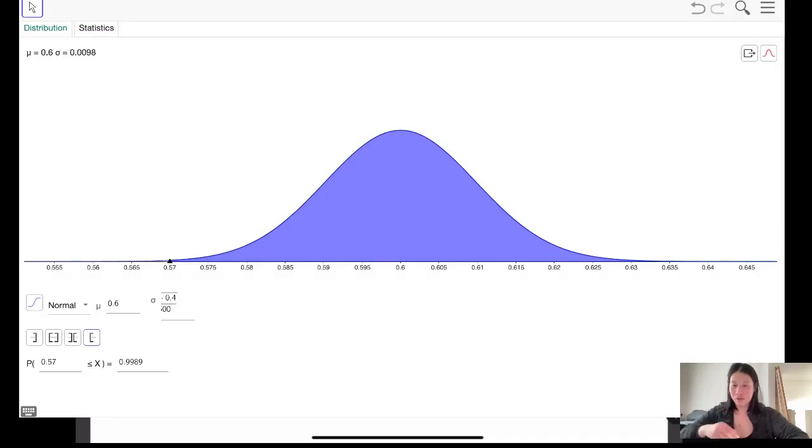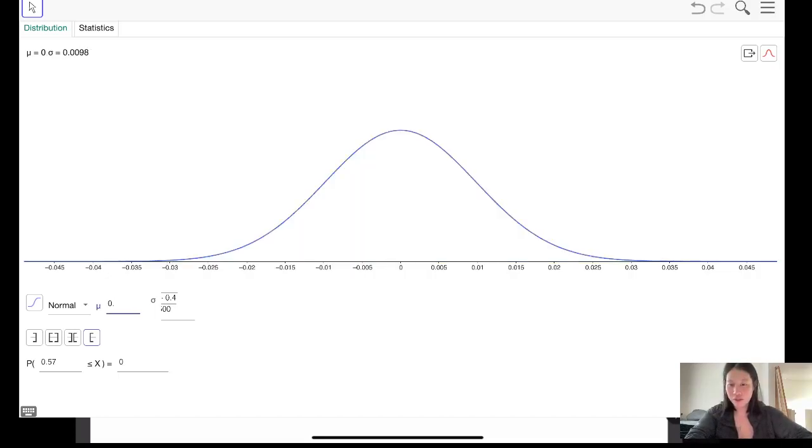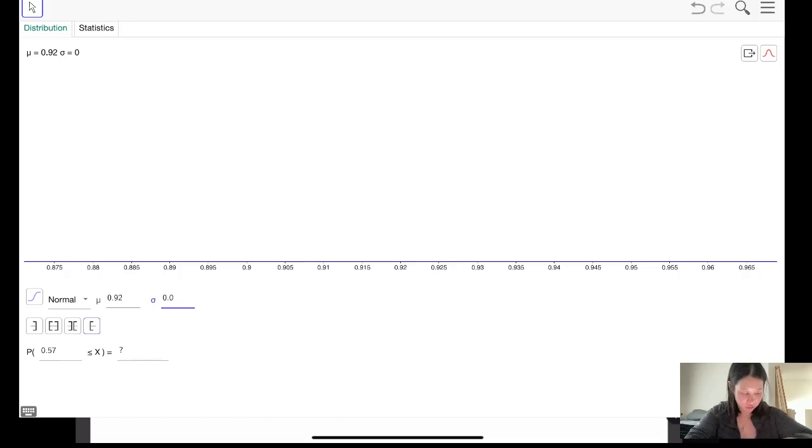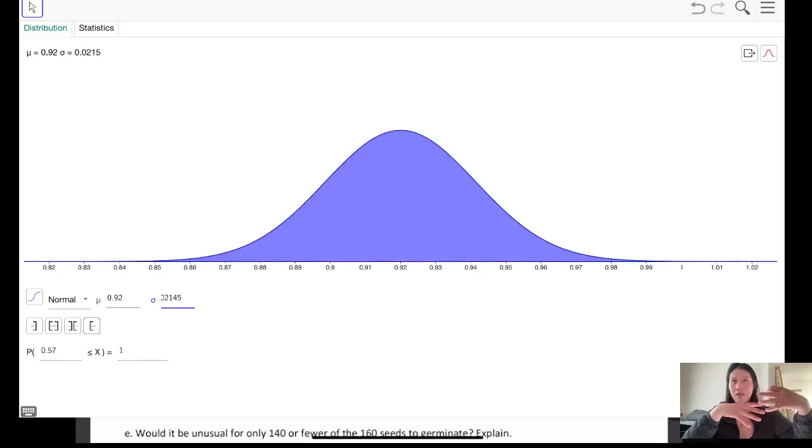So mu is equal to 0.92, and sigma is equal to 0.02145. I try to use as much accuracy, as precise as possible when I calculate that, so I will get a more accurate answer. Okay, so we want this to be greater than 95%, not 85%.